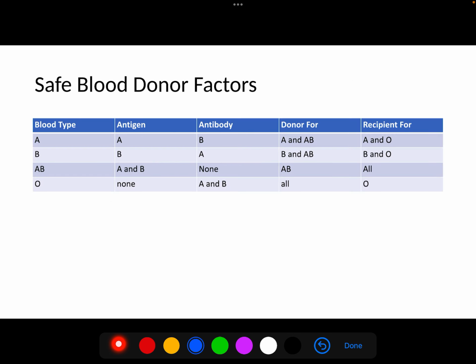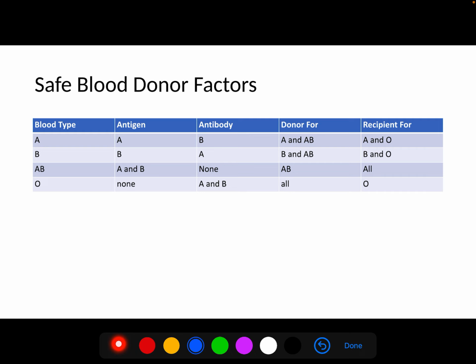So looking at safe blood factors that can mix together. And this is something very useful, especially if you have health issues or health concerns, or maybe you have donated blood, to know who your blood can go to. If you have type A blood, we said they have A antigens and B antibodies.